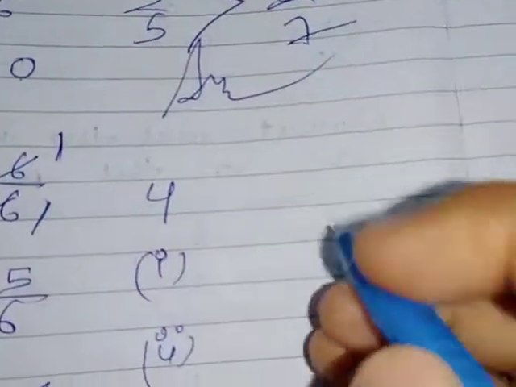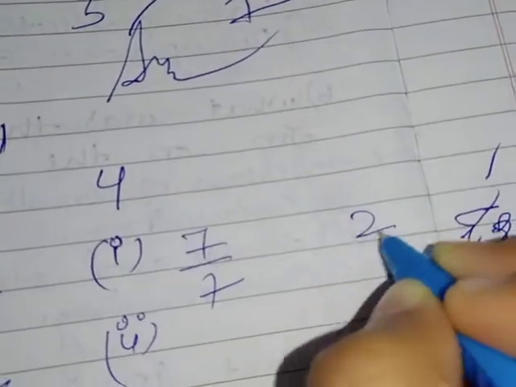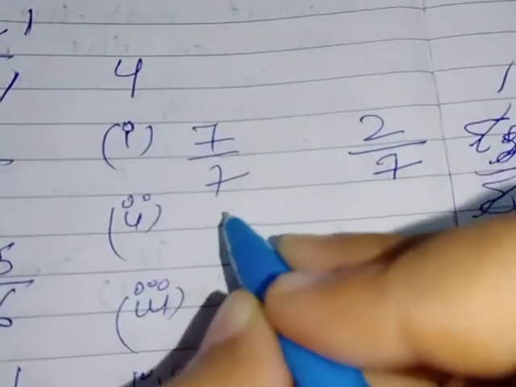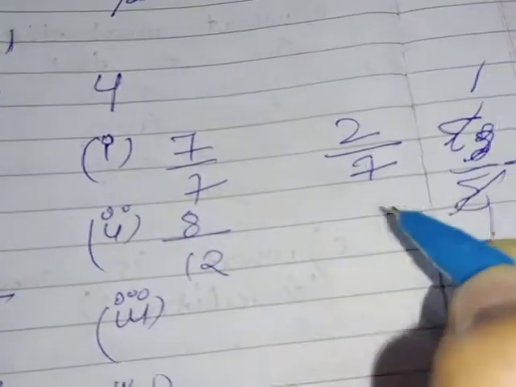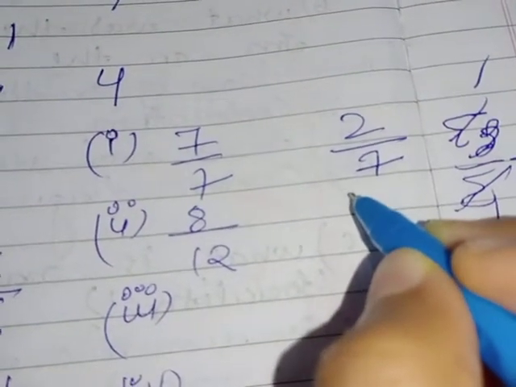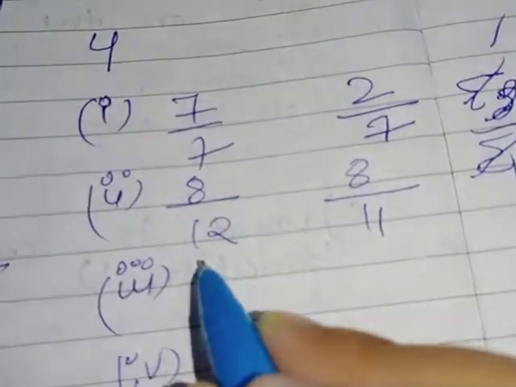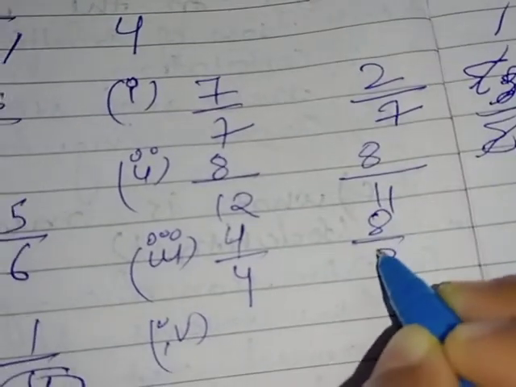The first question is 7 upon 7, 2 upon 7. Next one is 8 upon 12, 8 upon 11. Next one is 4 upon 4, 8 upon 8.